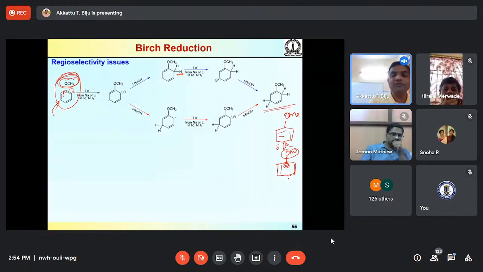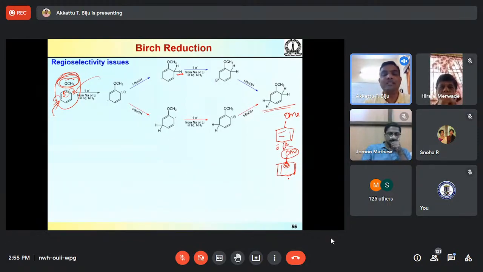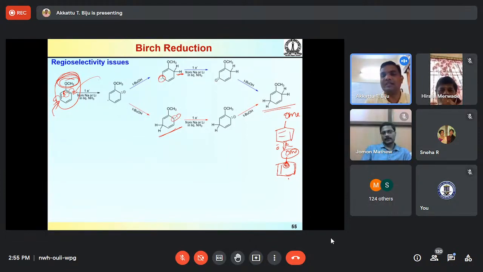It does not have to be necessarily here. The electron can add here also, so that it can be polarized in the opposite direction. So either of the meta positions can have the addition possibility to generate this radical. Earlier it was here, now it is here, and the protonation and a subsequent electron transfer generate an anion which can be protonated to form this product.